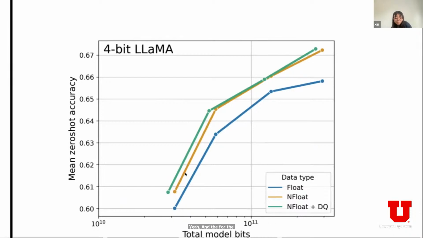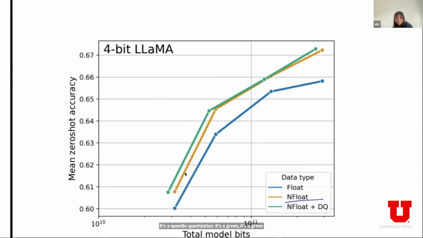For the 4-bit Llama, the blue curve indicates the float 16 performance, the yellow one indicates the quantization, and the green curve indicates the double quantization technique.